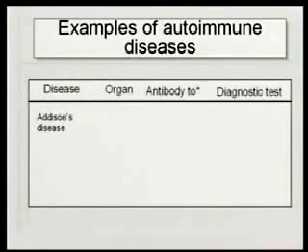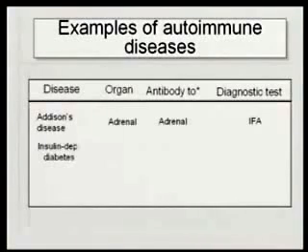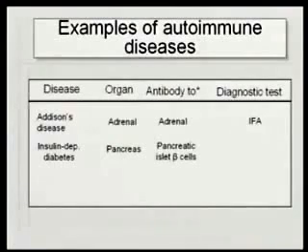Okay, Addison's disease, I'll just give a few more. Adrenals are involved in that case, with antibodies to adrenal tissue, and immunofluorescence obviously is the test. Insulin-dependent diabetes: pancreatic beta cell antibodies, detected by indirect immunofluorescence.